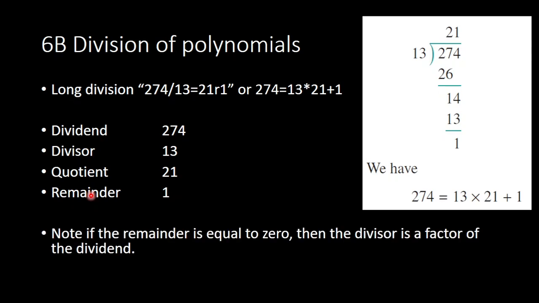Also, if the remainder is equal to 0, so let's say I cross off that remainder, you can say that the divisor, which is 13, is a factor of the original number, which is the dividend. Similarly, the divisor and the quotient are both factors of the dividend.